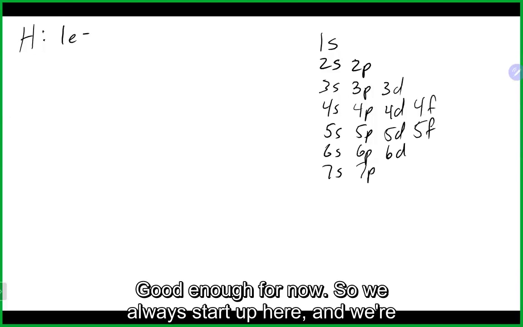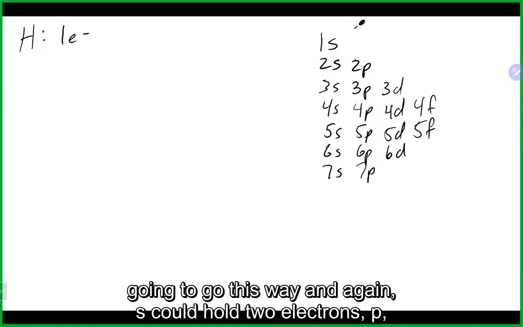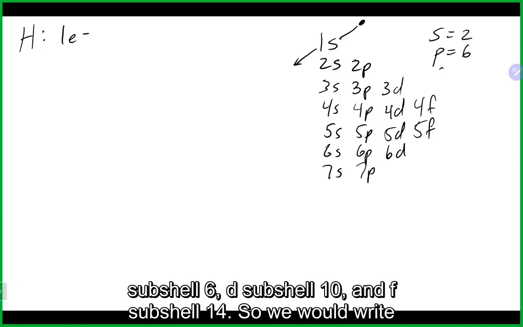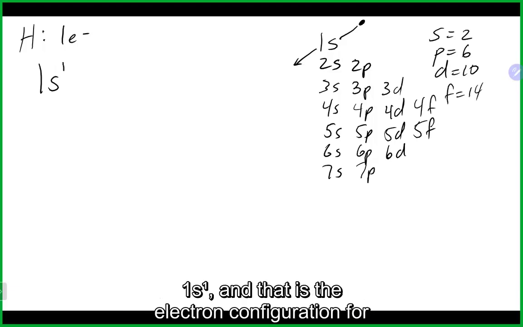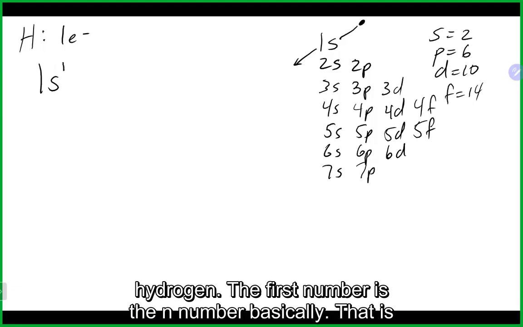Good enough for now. We always start up here and go this way. And again, s can hold 2 electrons, p subshell 6, d subshell 10, and f subshell 14. So we would write 1s1, and that is the electron configuration for hydrogen.